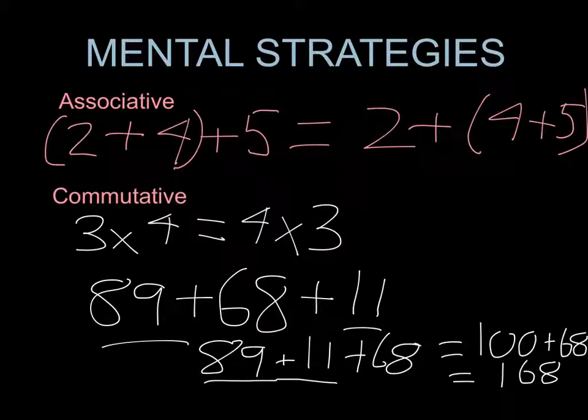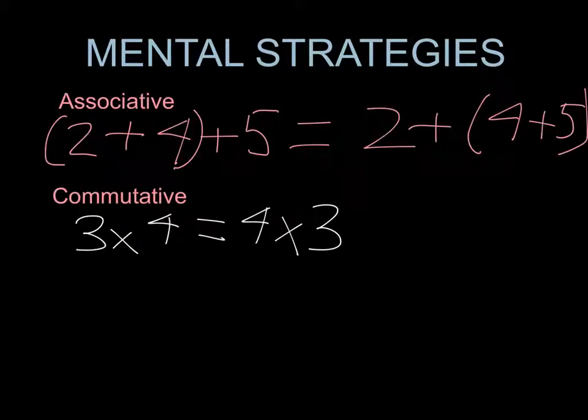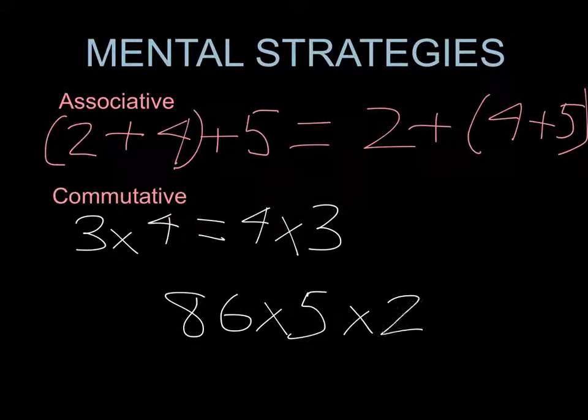Now I'll show you an example where we use the associative law. Let's say we had something like 86 times 5 times 2. A lot of people may find 86 times 5 challenging, or even if they can do it, it might take them a while. But remember, because we have two multiplications here, we can put the brackets wherever we want. So we could put the brackets here.